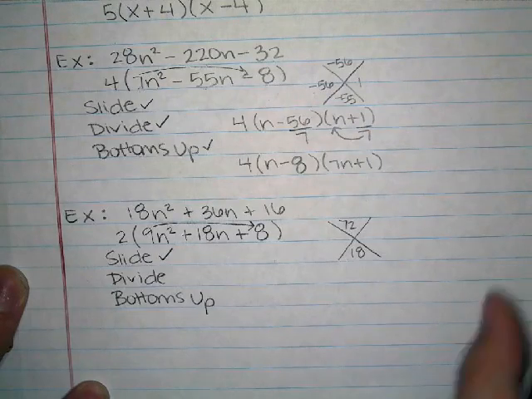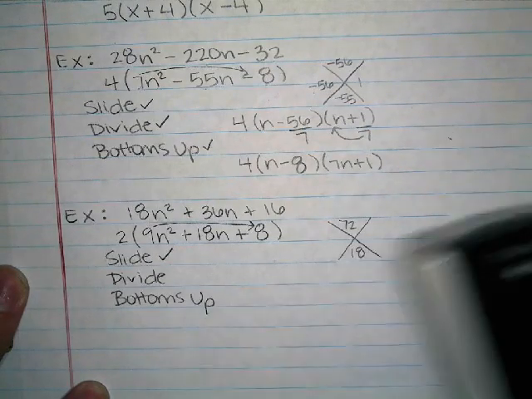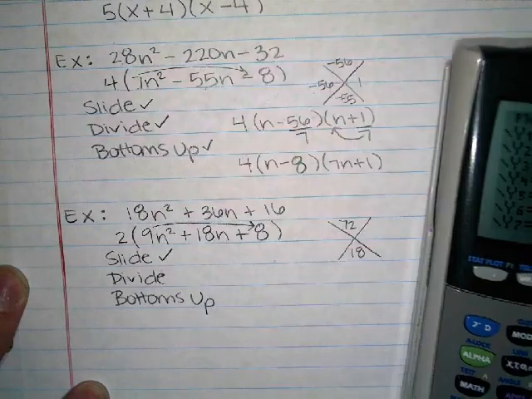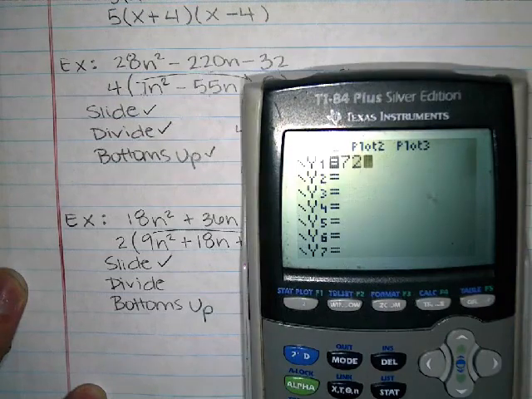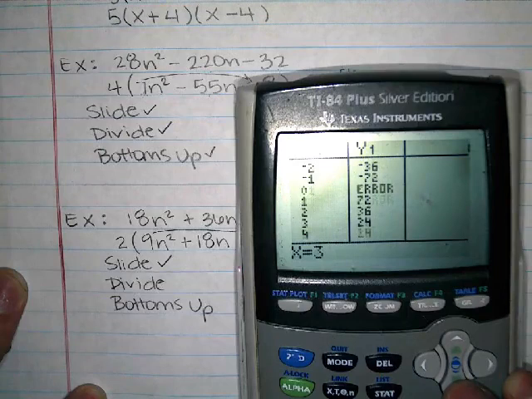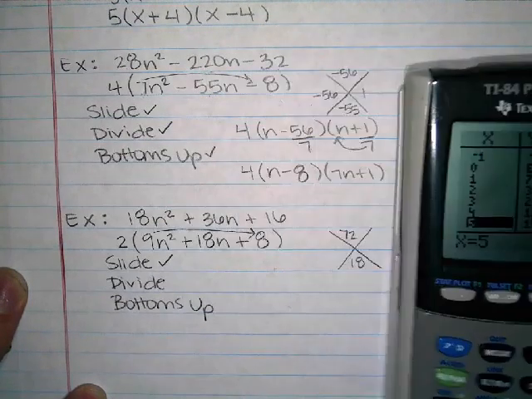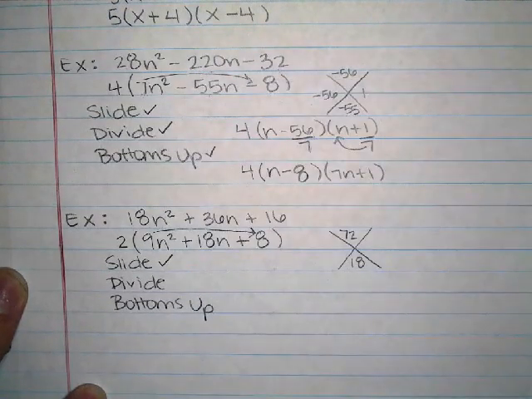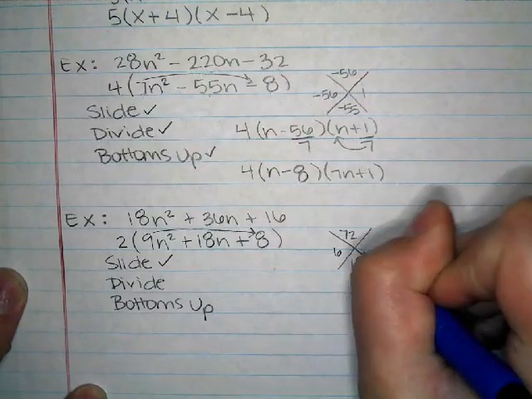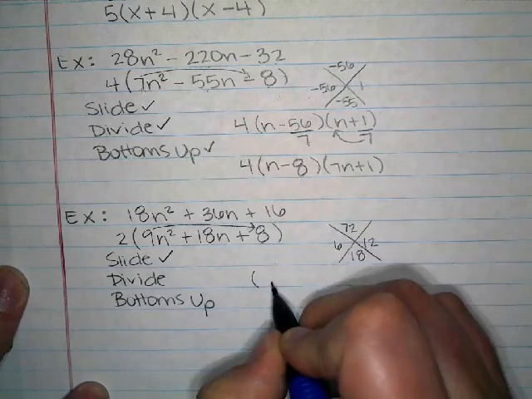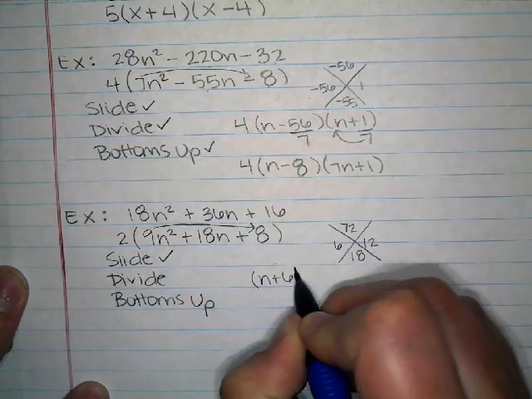I think I need help with this one. 9 times 8 is 72. 72 divided by x. 6 and 12. I didn't know those off the top of my head. Okay, 6 and 12. So my two parentheses are going to be n plus 6 and n plus 12.